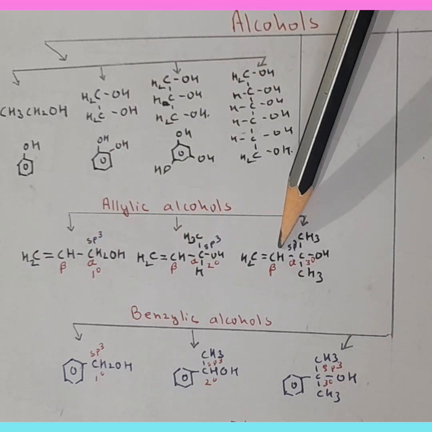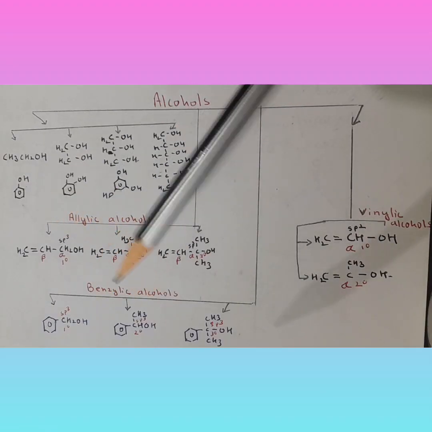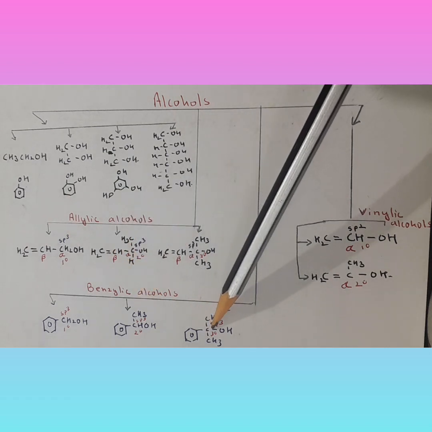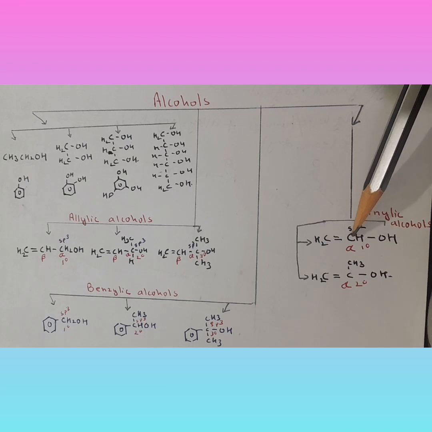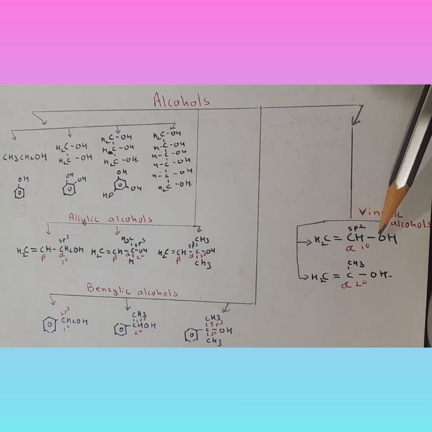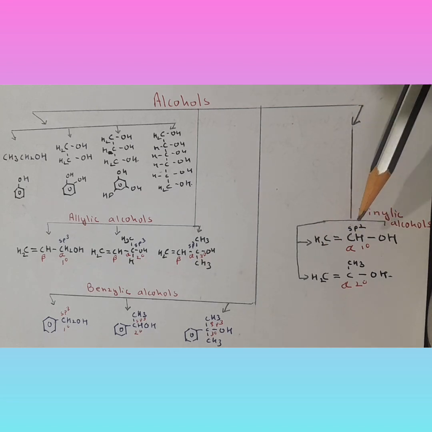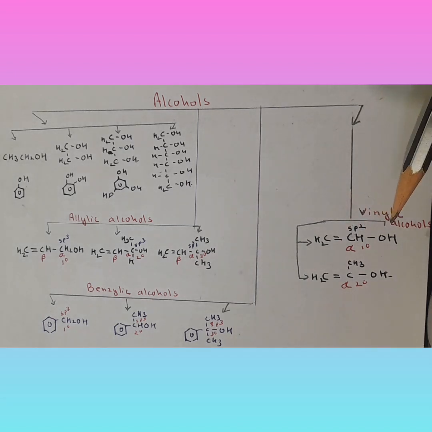Similarly even here. If you want to differentiate between sp3 and sp2 hybridization, in case of vinylic alcohol, to this carbon is attached H, OH and another group. So there are 3 groups attached, so sp2 hybridized state, 1 of S and 2 of P. Okay, let's get back to our vinylic alcohol.